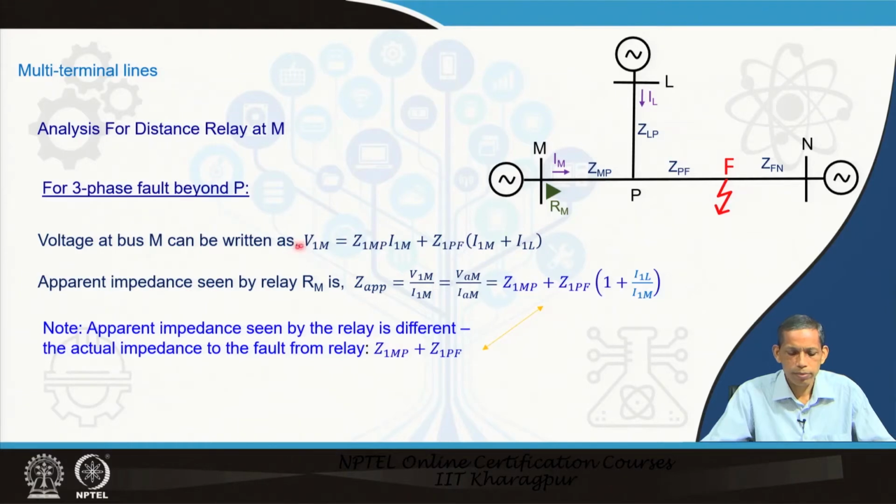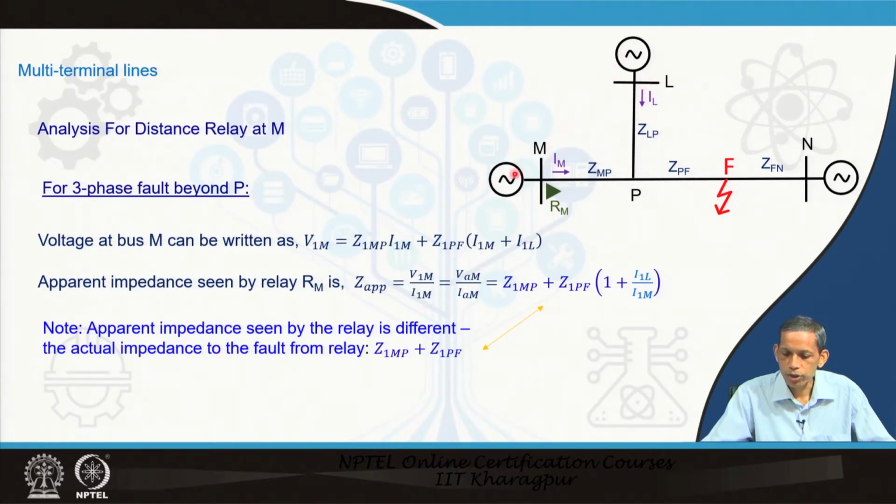Voltage at bus M will be the corresponding drop from here till P and from P to M. So, we consider the positive sequence current, which is the only component of current that flows during the 3 phase fault. In the ZPF part, if you see from this side, current from bus M flows and also current from bus L flows.